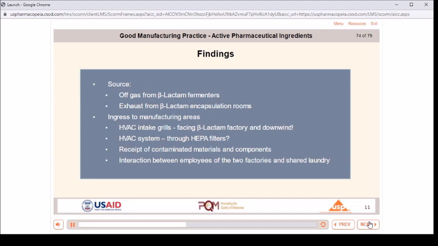Therefore, a small study was undertaken by sampling the ducts of the HVAC system upstream and downstream of the HEPA filters. The filters were taking out a significant proportion of the beta-lactam residues, but not all residues. Residues were found in the ductwork supplying the grade D clean room where the bioreactor was housed and the support areas. There were even residues found downstream of the filters supplying the grade D air.